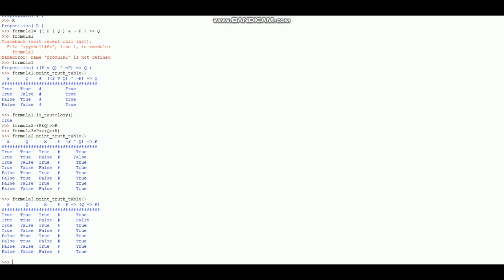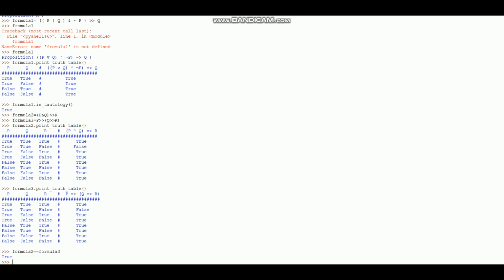And now here we can see the result of both the formulas are the same. So we can check formula 2 equals formula 3, and here it returns true.